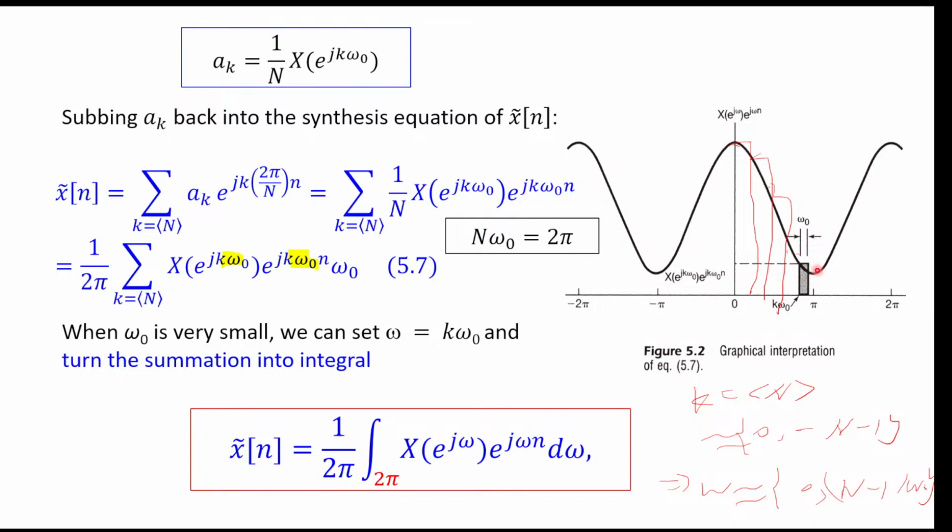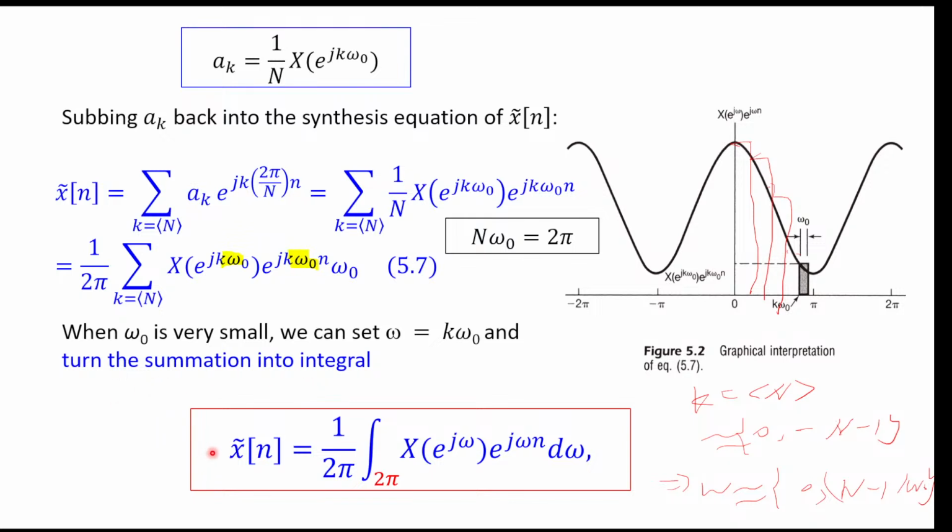with an interval of 2 pi, and as in our usual calculus argument, as omega naught goes to 0, the area of these rectangles will converge to the area under this curve.